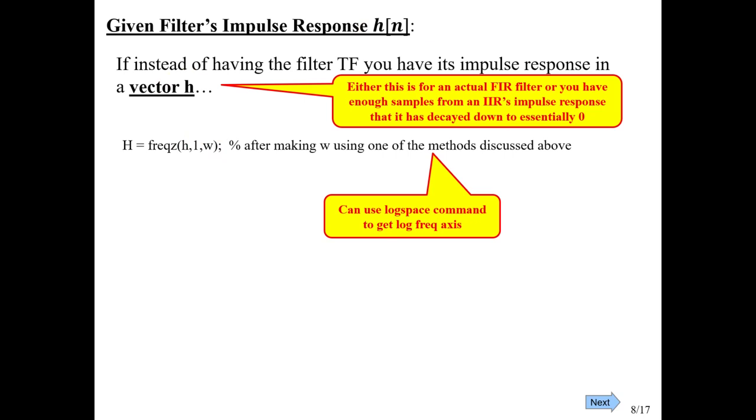So I use one of the methods that I've already talked about. If I want a log frequency axis, I use the tricks that I gave you on the previous slide. So that's how I go about finding the frequency response, knowing what the impulse response is.